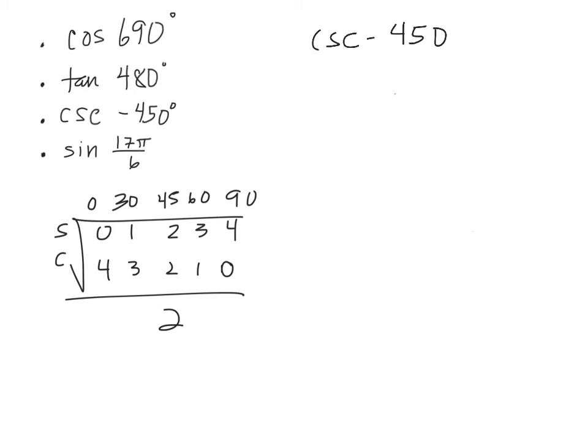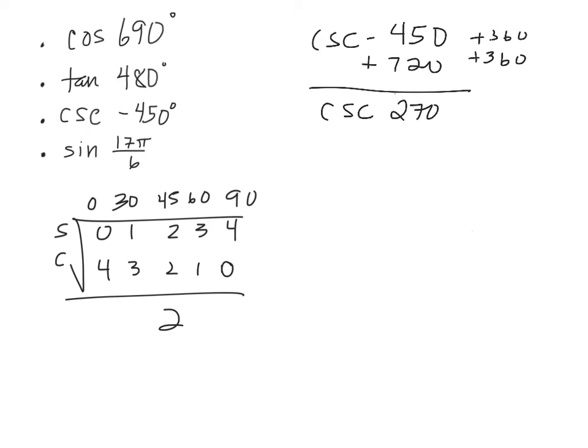For cosine of 690, we could have just subtracted 360. So we're going to add 720 to this, which is just adding 360 twice. That'll give us coterminal angles so that I can get a positive value. So you get cosecant of 270.